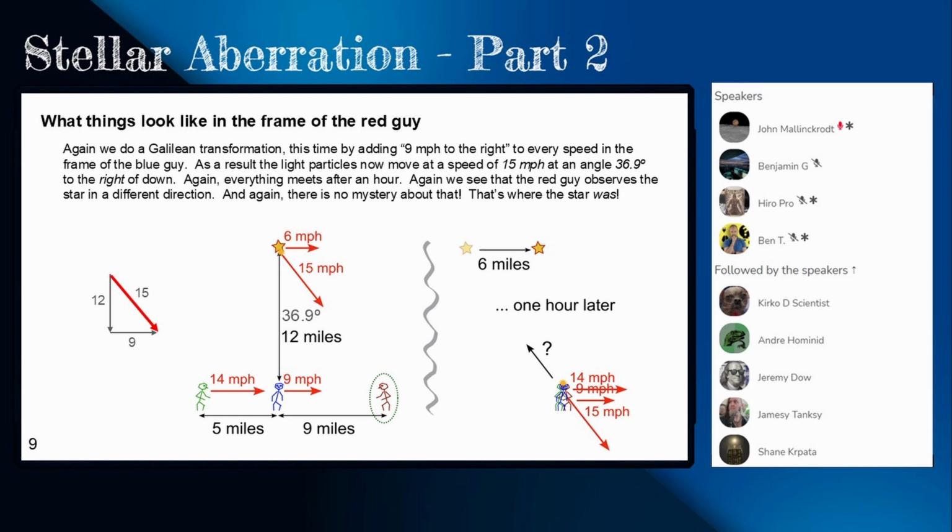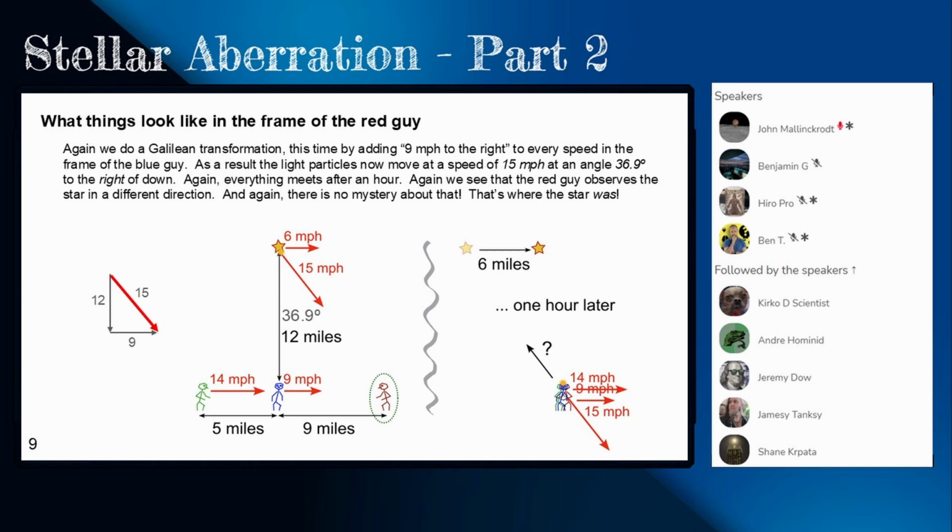If you do a detailed look at what they're seeing now, it's complicated, because the light that the blue guy is seeing now came from the star when it was a little more than 12 miles away. So it was a little more than an hour ago, right? Same thing you could say for the green guy. It came from the star when it was further away, so it was a little more than an hour ago.